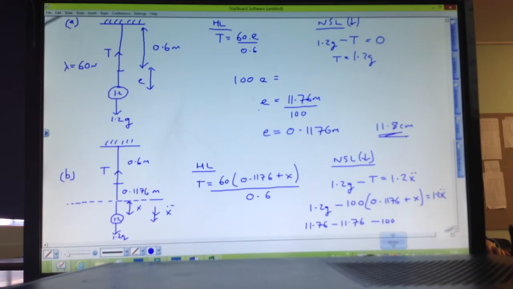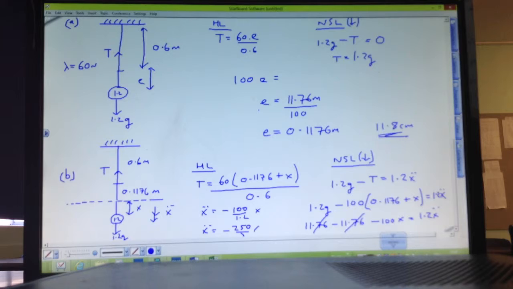Okay, negative 100 x is equal to 1.2 x dot dot. They will disappear, and I can just squeeze it on here that x dot dot is equal to minus 100 divided by 1.2 x, and that gives you x dot dot, and it'll have to be a fraction, minus 250 over 3.